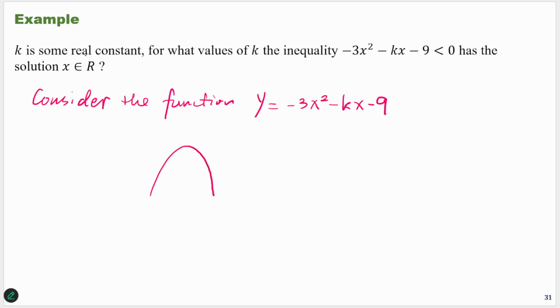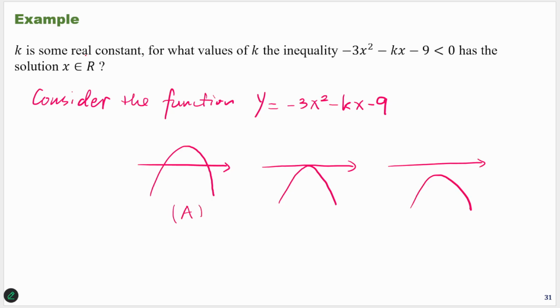Yeah. There are 3 possibilities, right? Yes. It could have 2 zeros, or it could have only 1 zero, or it could have no zeros. These are the only 3 possibilities, right? Yeah.